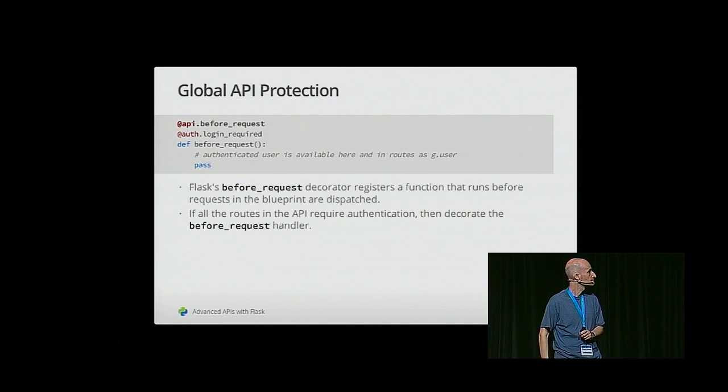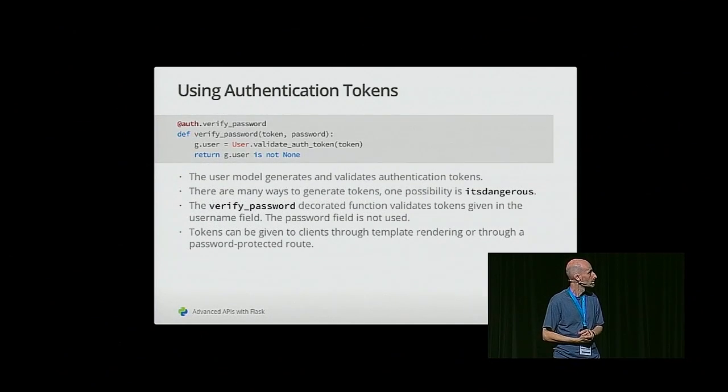Now, some people don't like to send usernames and passwords constantly. It can be seen as a security risk, even though you should be using secure HTTP. The fact that the client needs to handle the passwords and the server needs to handle the passwords could mean some sort of risk. So the traditional way to do this is to not use the password, use an authentication token, and you can decide what the tokens are.